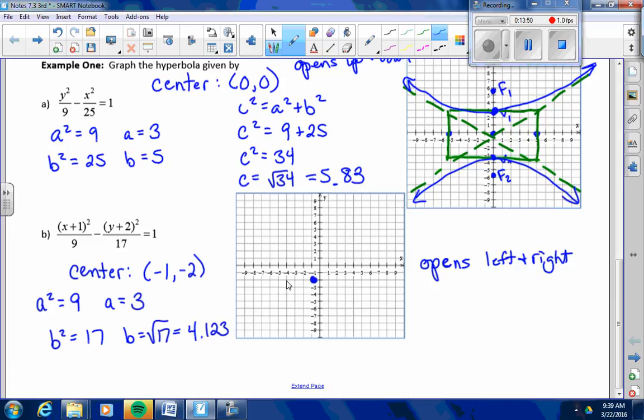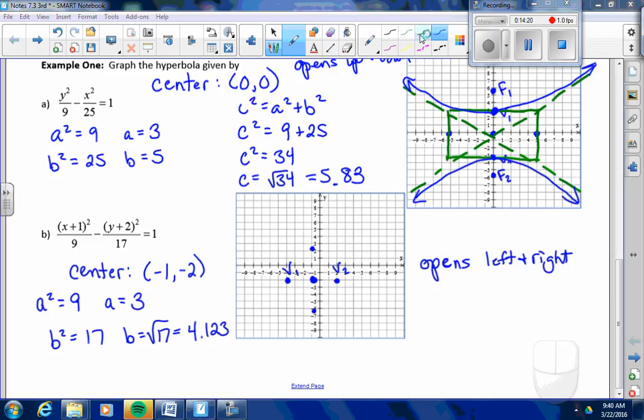So left 3 units is one vertex. To the right 3 units is the second vertex. What do I do with the B value? Go up and down. So I need to go up about 4.123 units. And down about 4.123 units.